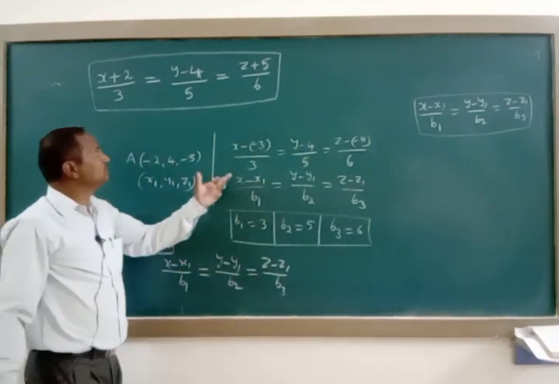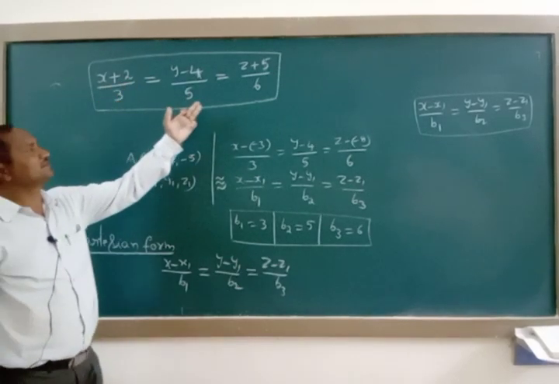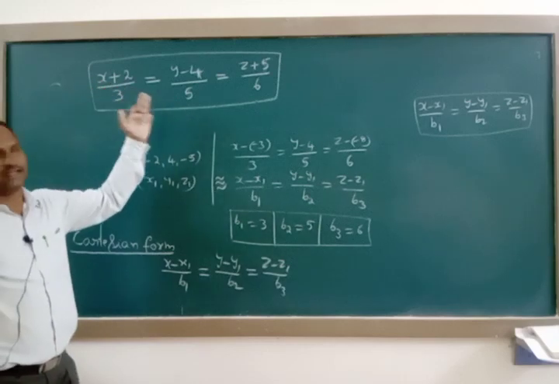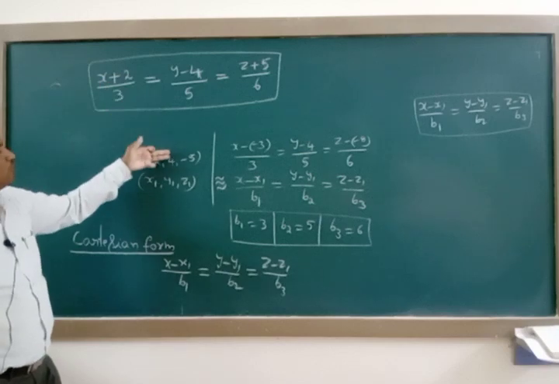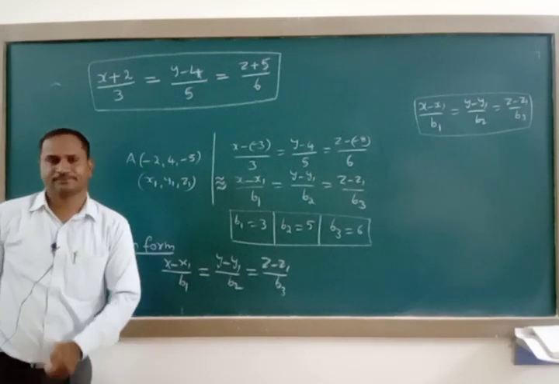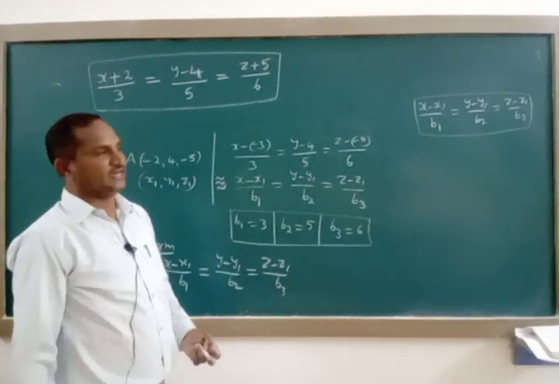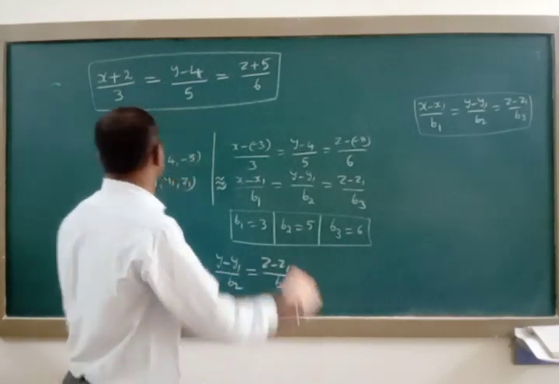That's what I have written here, 3, 5, 6 for this line. These 3, 5, 6 are the direction ratios of the required equation of the straight line that is passing through the point minus 2, 4, minus 5. Like that, we are finding the Cartesian form of the equation of a straight line by using the given two conditions. Next question.